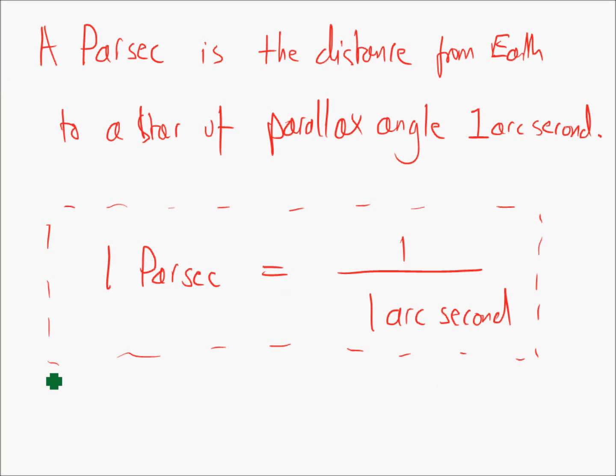So for example, if we had something that was 2 arc seconds, how far is that away? It's 1 over 2 arc seconds, which is equal to 0.5 parsecs.